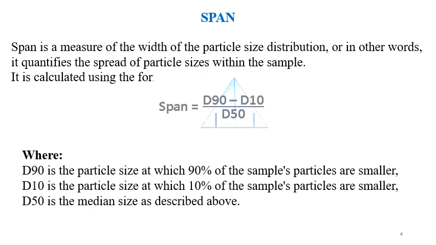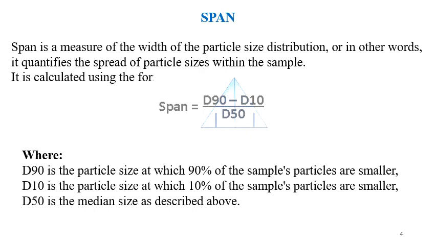If the PSD width is narrow, that means the powder contains particle sizes which are similar to each other, or there is less variation in the particle size in the powder.